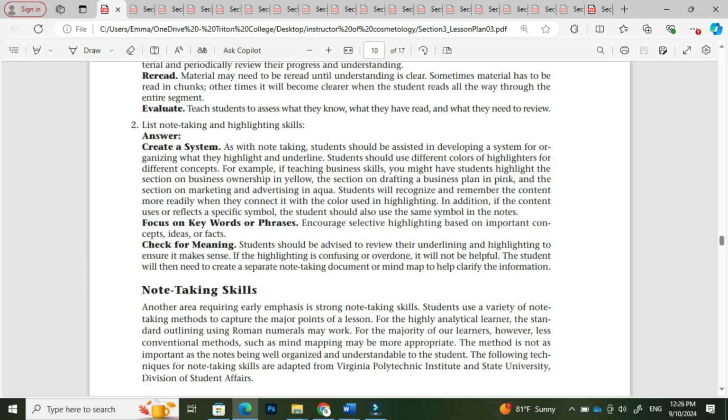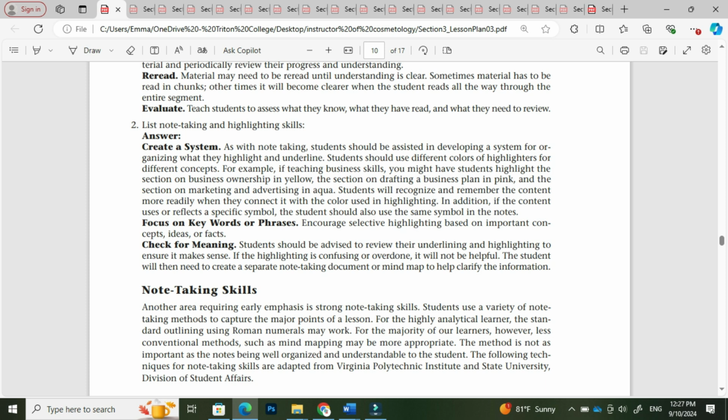Students will recognize and remember their content more readily when connected with the color used in highlighting. In addition, if content uses or reflects a specific symbol, the student should also use the same symbol in notes. Focus on key words and phrases. Encourage selective highlighting based on important concepts, ideas, or facts.